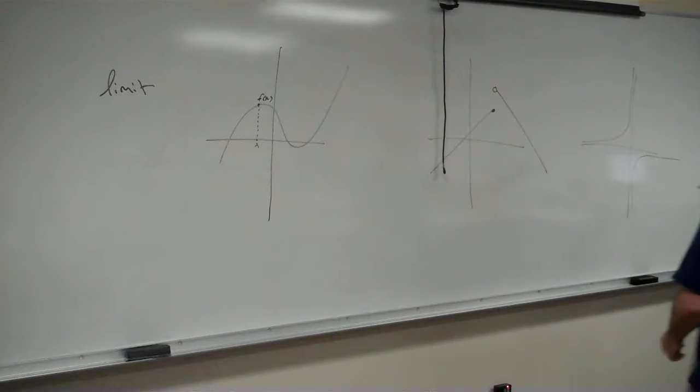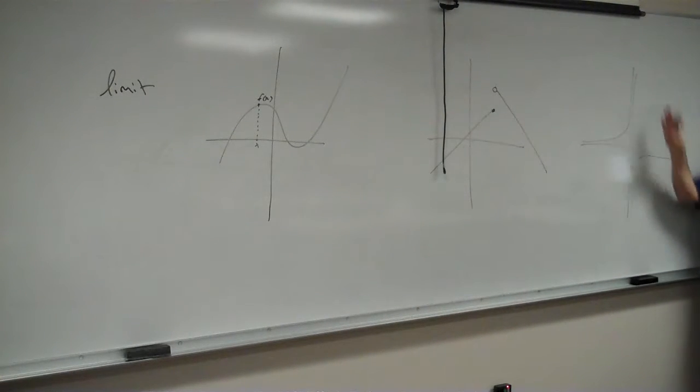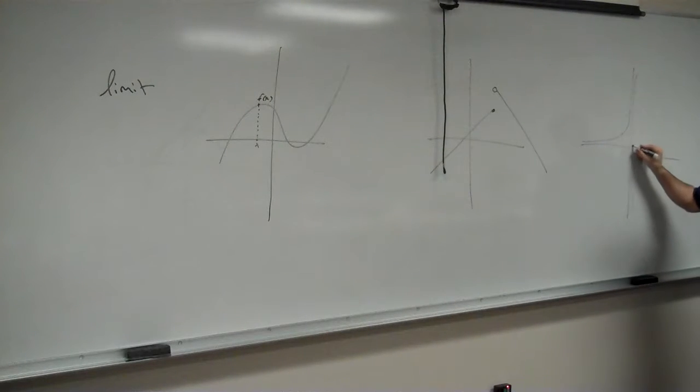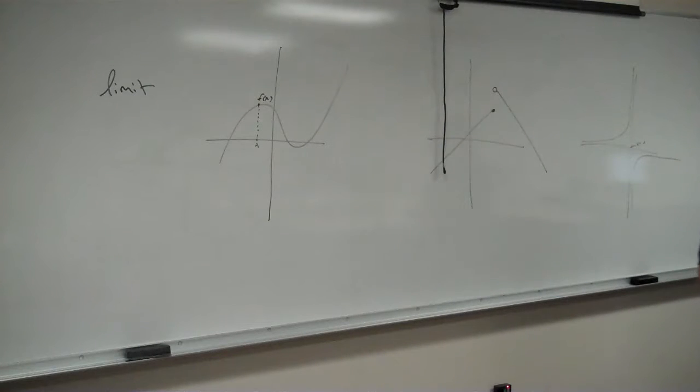But what about at something like this, where there's some kind of discontinuity going on? Here at this value of x, like x equals 0, the value of f of x doesn't really make any sense. Despite the fact that very close to x, in fact as close as you want to x, it does make sense.